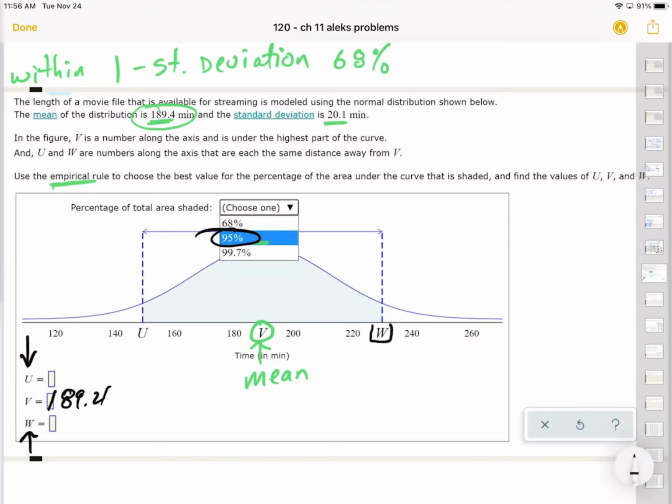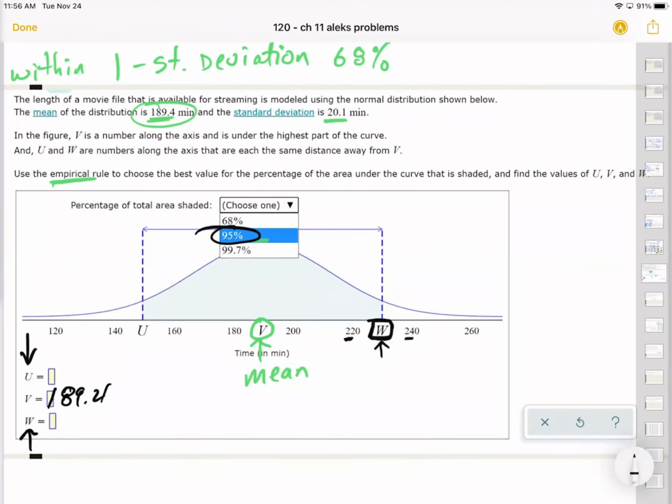What is the number you should guesstimate for W? We know that this is 220 and this is 240. Somewhere between 220 and 240, so we can guesstimate that this is somewhere around 230, right?